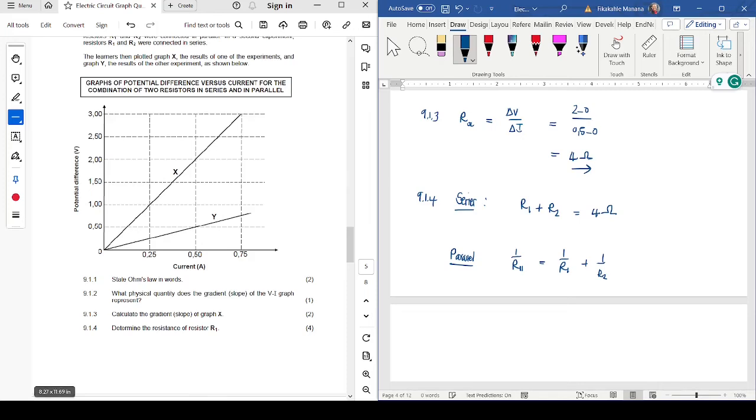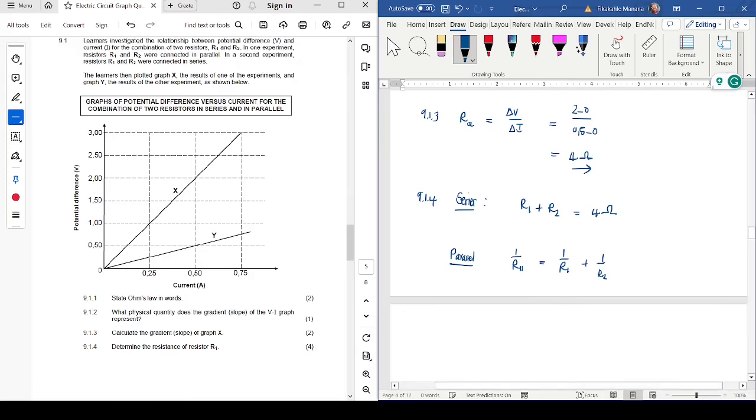Okay, so in this case, let me go work out the parallel resistance. For the gradient, I would take 0,5 and 0,5 and just subtract 0. Okay, so I see that it's actually 1 ohm. All right, so that's my little calculation over there.